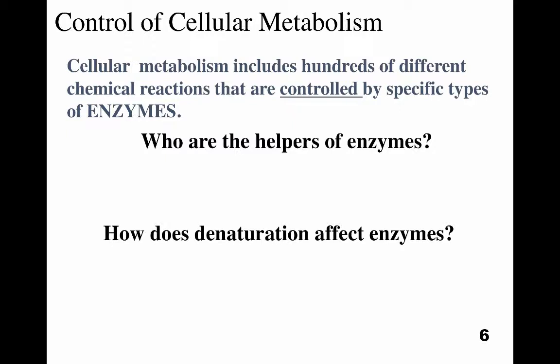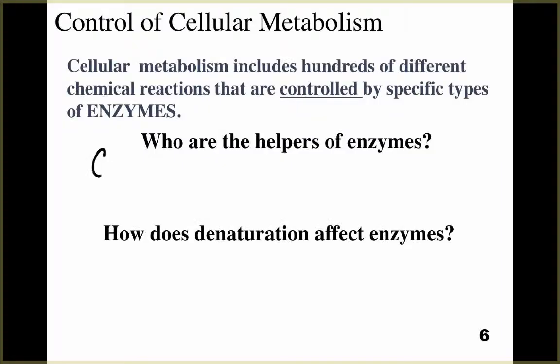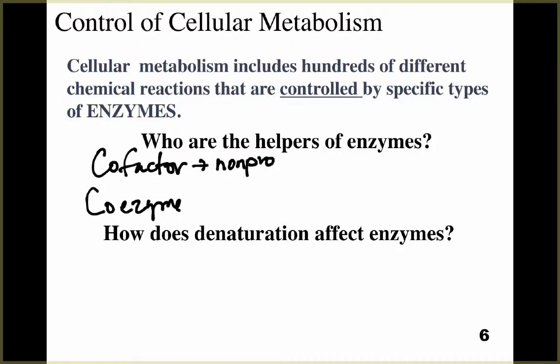When we're talking about all those things, we mentioned two big words: cofactors and coenzymes. Cofactors are non-protein components. These are going to help the active site obtain the appropriate shape.